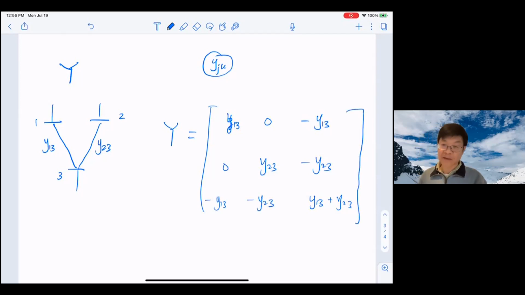So each of these blocks is a 3x3. And you satisfy the properties of an admittance matrix, say the row sums are 0, column sums are 0, and all of that. Therefore, you can think of this as the admittance matrix of the single-phase equivalent. Then everything we talked about so far applies to this single-phase equivalent circuit. That's one way to deal with the three-phase unbalanced network.